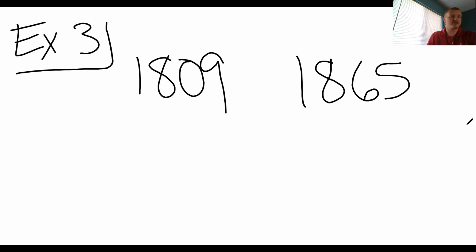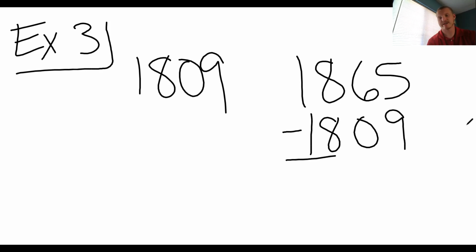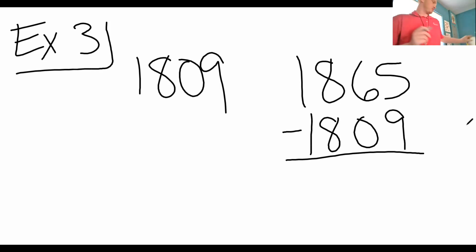So how many years did Mr. Abe Lincoln live? Brady, can you tell me what I'm doing here? Good. So 1865 minus 1809. And Brady, can you come up and try this one on the board for me?